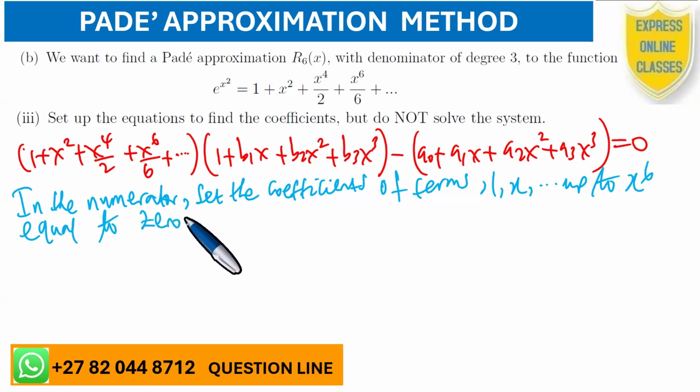Right, equal to 0. And by dint of that, you're going to be able to have the following.